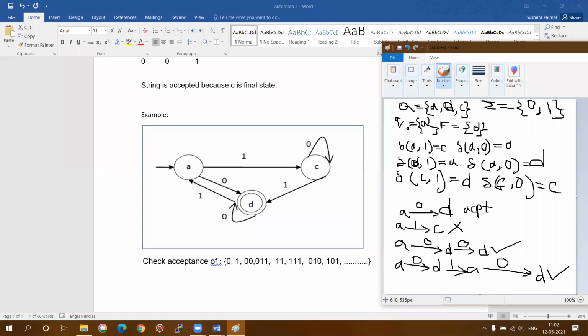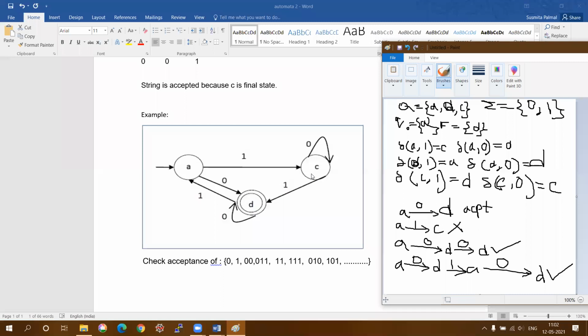So you will see, using the string and the diagram, you can decide whether the string is accepted by the machine, by the automata, or not.